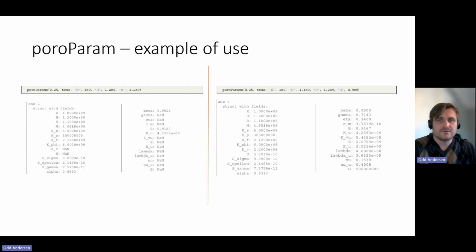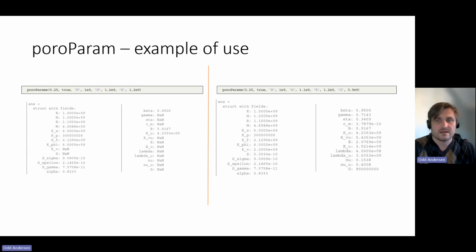So the aforementioned poroelastic tool is found in ad-mechanics. It allows you to compute all the poroelastic constants that can be deduced from the values that you already have, without having to wade through definitions and algebraic relationships. For instance, on the left side here, we call poroParams with three constants that we have available.